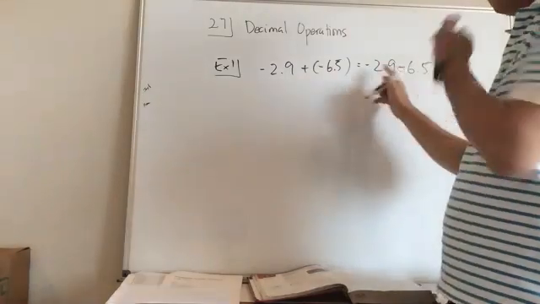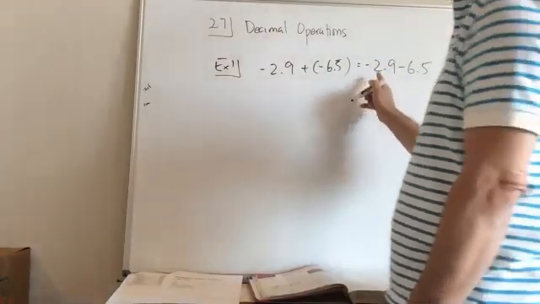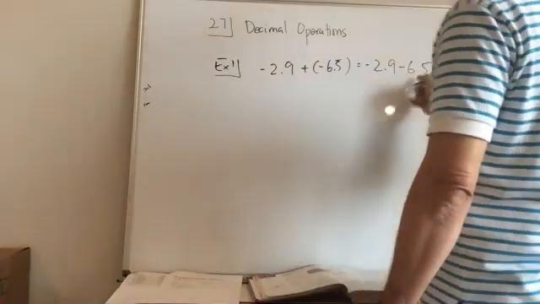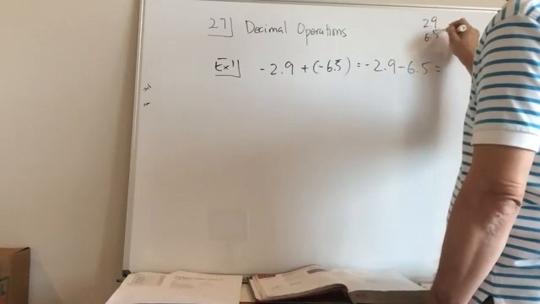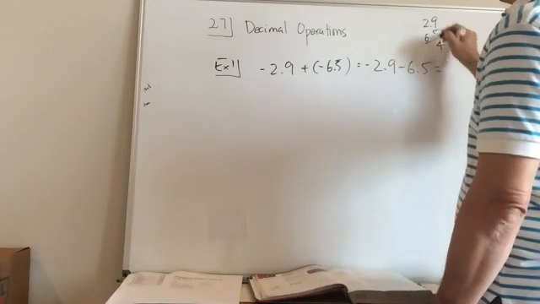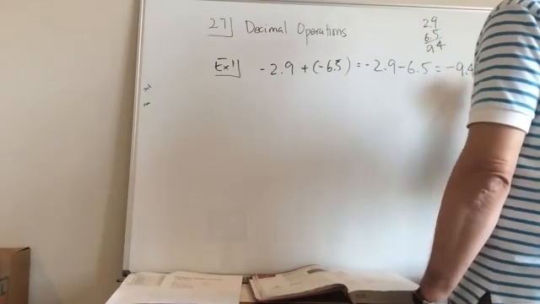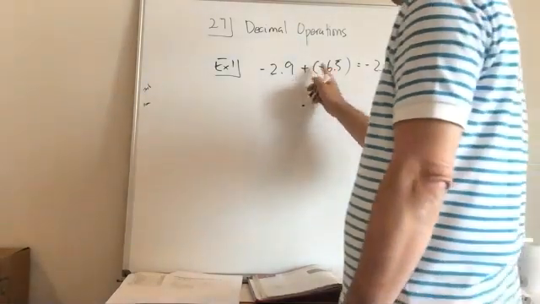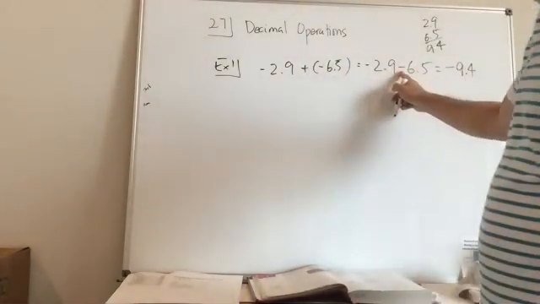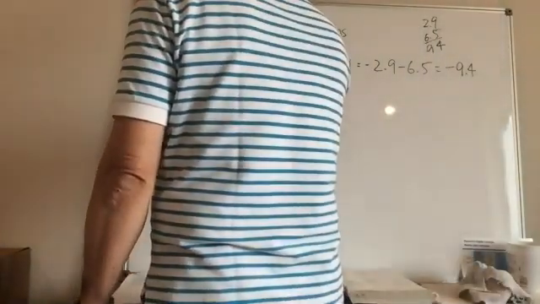So we're going to go further negative from negative 2.9. So we're going to add the 2.9 and 6.5, and we have a negative 9.4. Okay, again, when we're adding a negative, it becomes a negative altogether. Okay, so this was A.